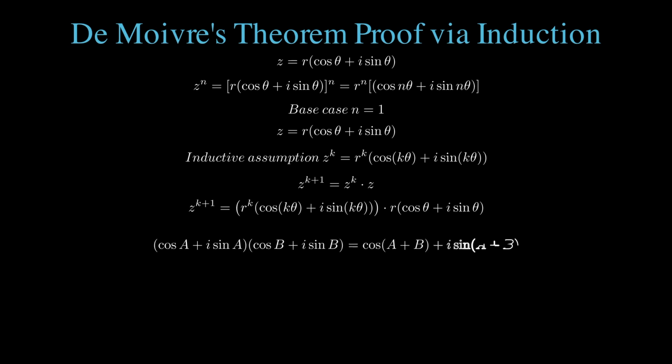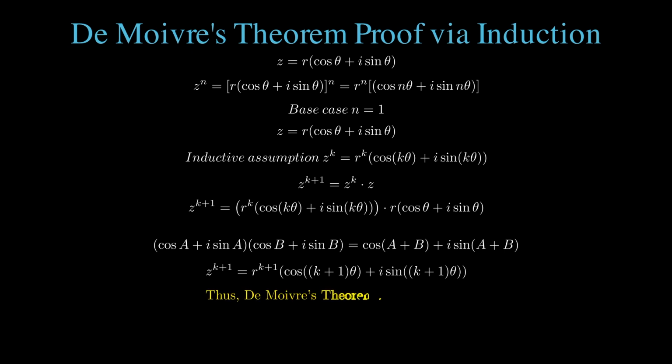Using the trigonometric identity that cos A plus i times sine A times cosine B plus i times sine B is equal to cosine of A plus B plus i times sine A plus B, we can simplify our previous statement down to z to the power of k plus 1 is equal to r to the k plus 1 times the cosine of k plus 1 theta plus i sine k plus 1 theta.